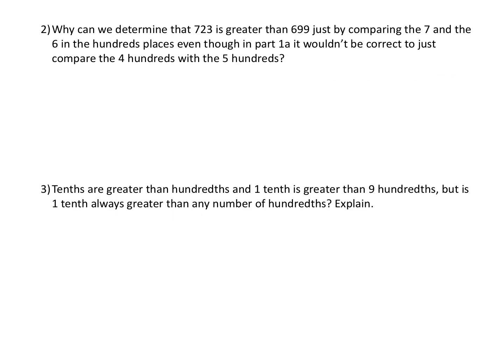All right, why can we determine that 723 is greater than 699 just by comparing the 7 and the 6 in the hundreds place? Even though in part 1A, it was not correct to just compare the 400s with the 500s. So in a base 10 system, you will never have more than 9 in the next digit, right? No digit could ever have anything other than 0 through 9 in it.